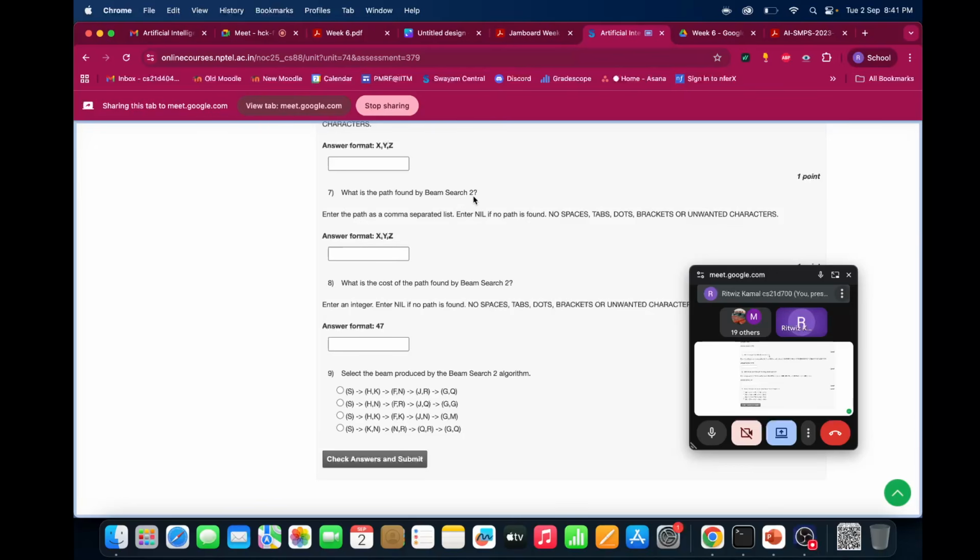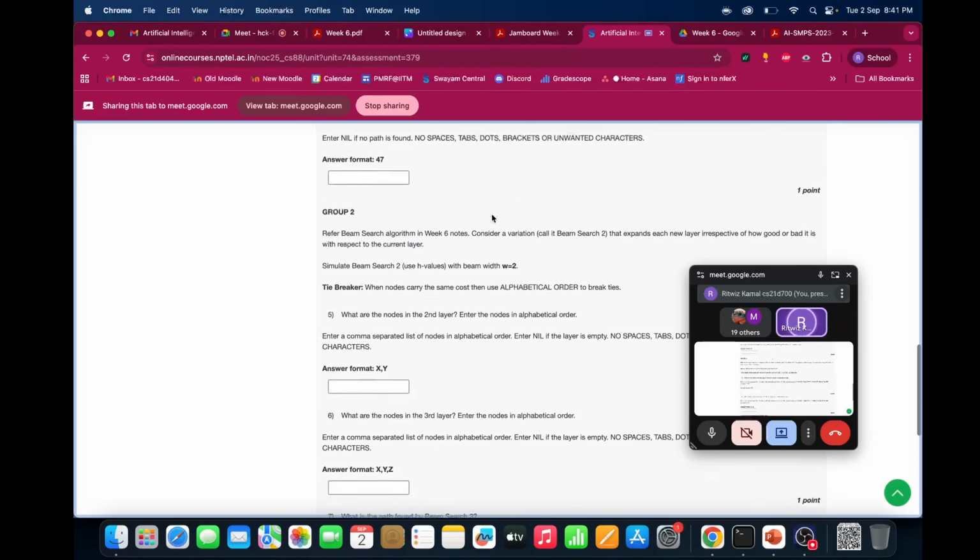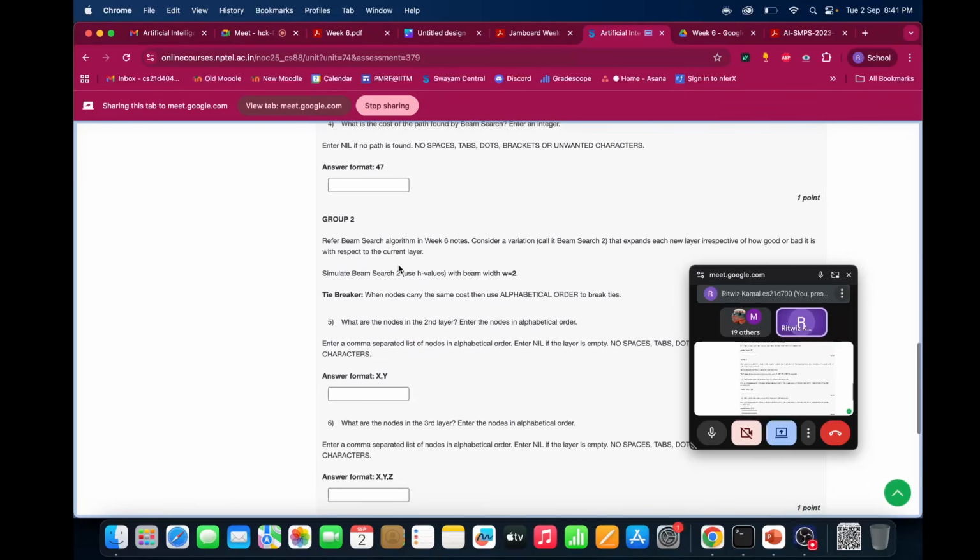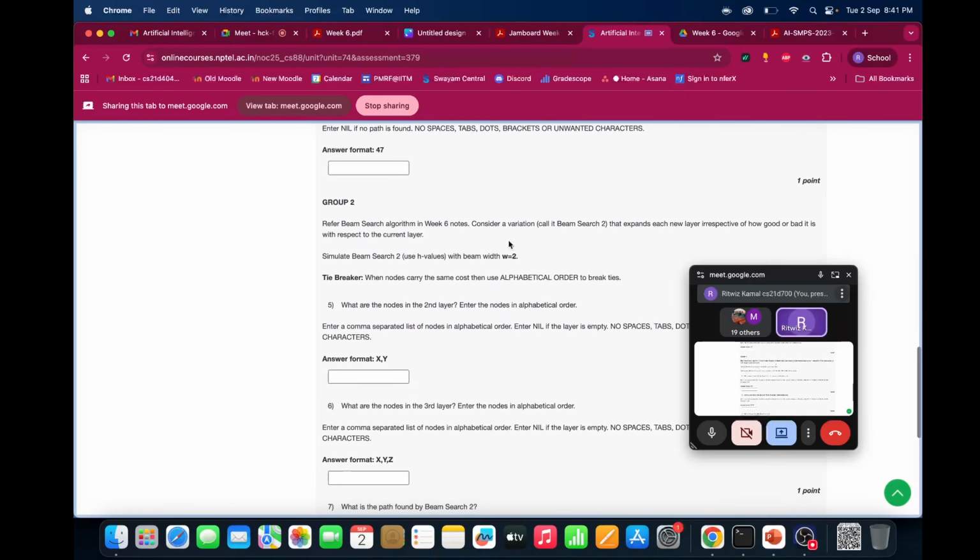What is found by beam search 2? It must be defined somewhere, right? This is beam search 2, where we expand each new layer irrespective of how good or bad it is with respect to the current layer. In normal beam search, we don't allow expansion unless it is better, improving upon the current layer. Here they are saying expand irrespective of whether it's better than the current layer or not.